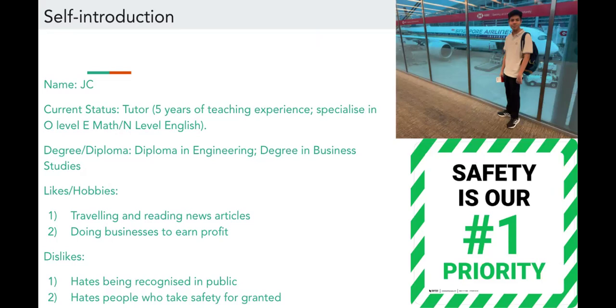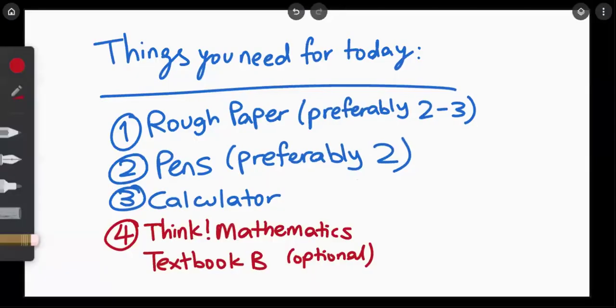But before that, can I get you all to make sure that you have the following things? Please give me a while to adjust my screen. There we go.